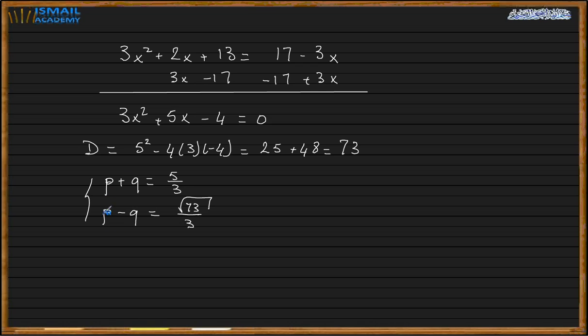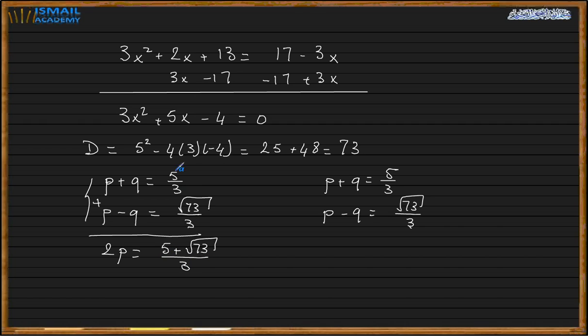Now I solve that system. So here I add to get p, and I put the same system here, and I subtract to get q. When we add here, I will end up having 2p equals (5 + √73) over 3, because this is a common denominator. Now I multiply both sides by half.